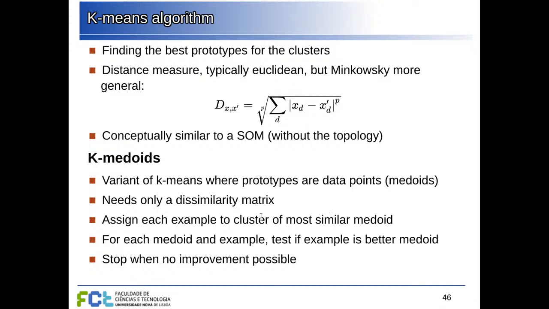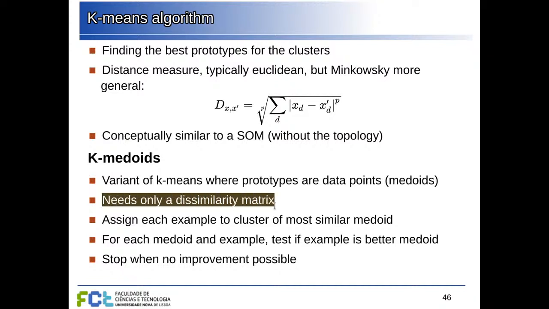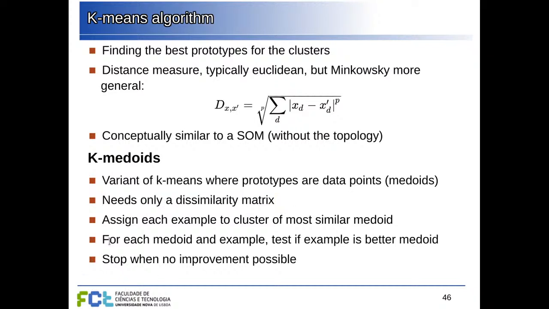And the advantage here is that we only need some measurement of dissimilarity between the examples, for example, how different text documents are if we were trying to cluster them. Then, for each cluster, we find the best example to represent that cluster.